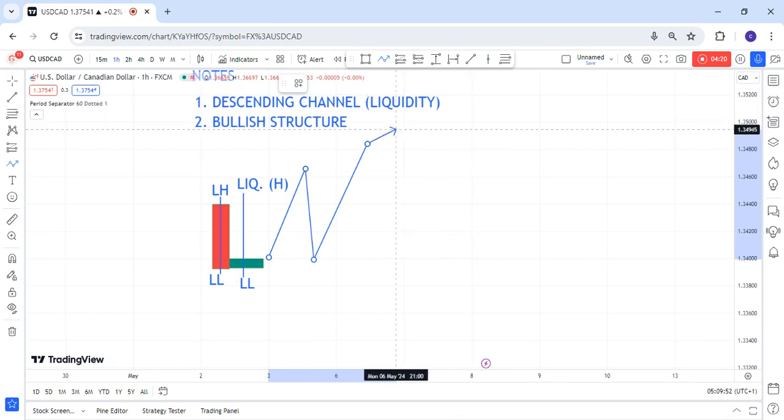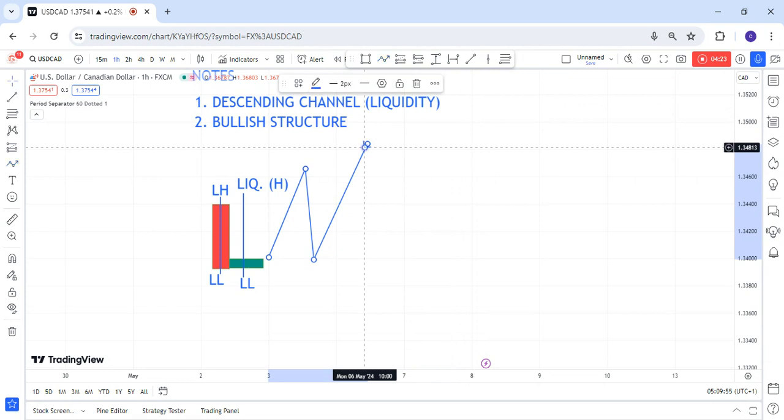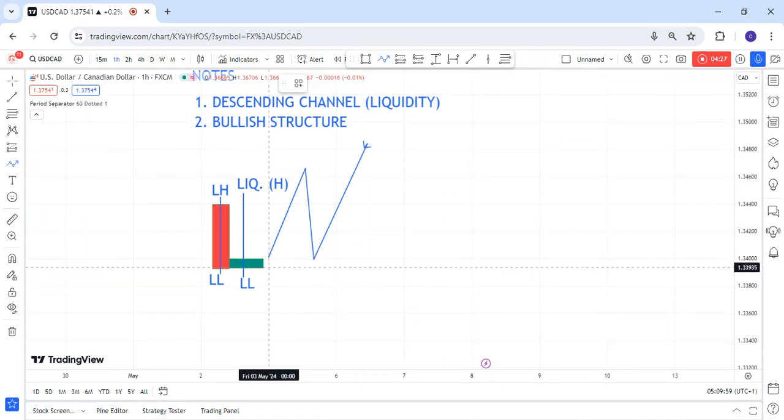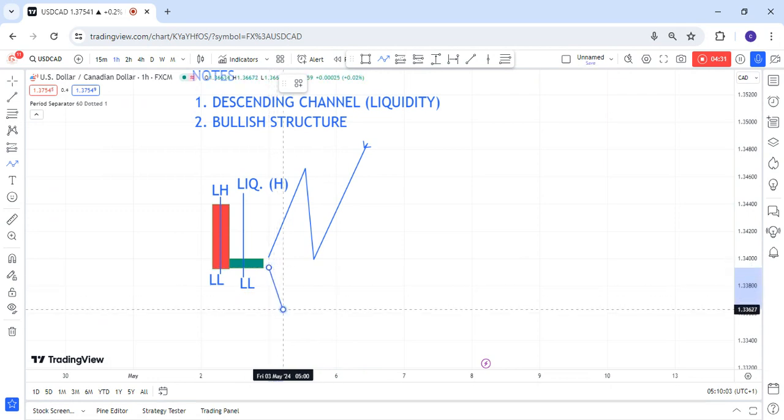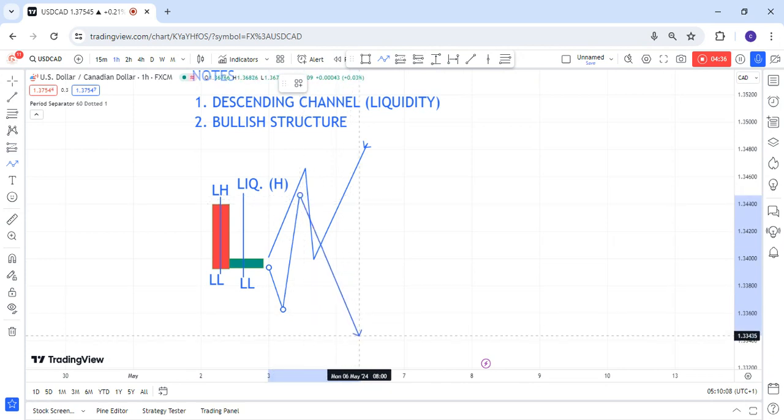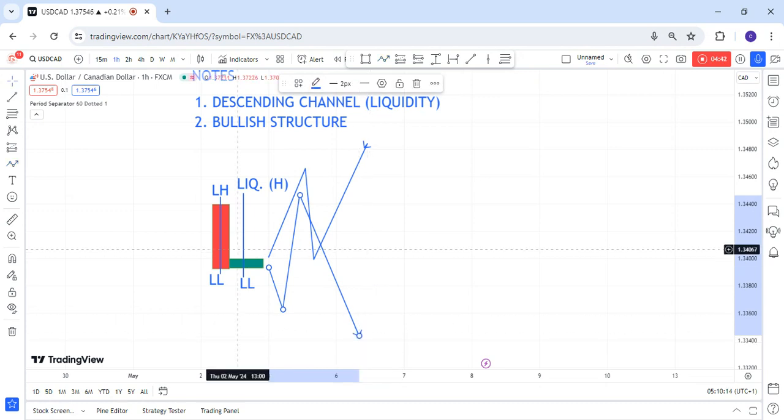But let's assume price now decides to do this. As I said in the follow-up video, if price does this and comes here, I will change this as a candle to the downside. So I could have a QML being traded here.